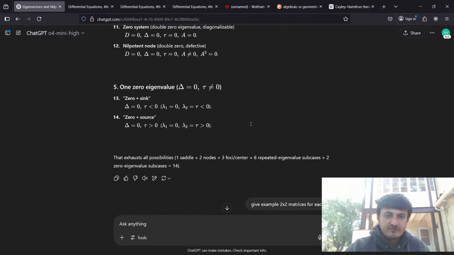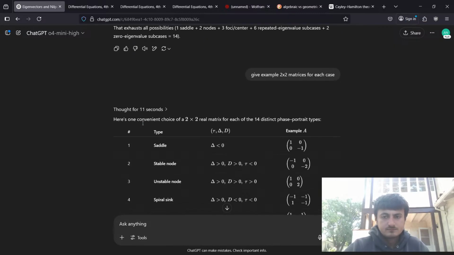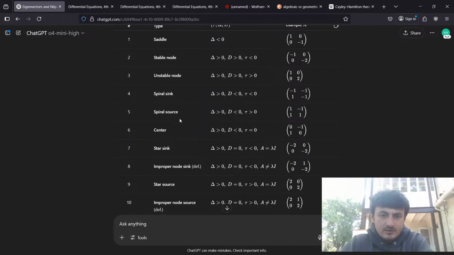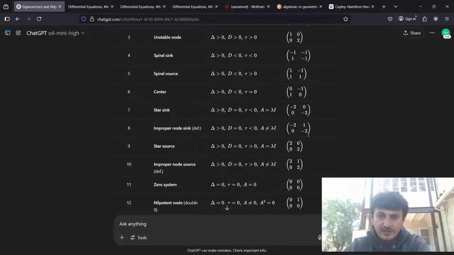So what is that behavior? So this would be like -2, 0, 0, -2. And then this one would be -2, 1, 0, -2. Okay, star source. Okay, star source is easy.